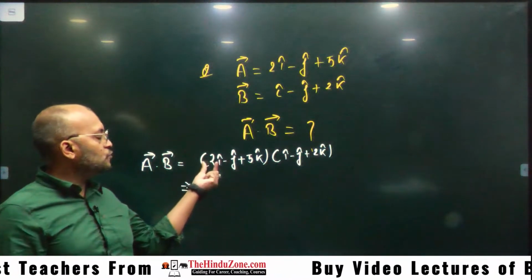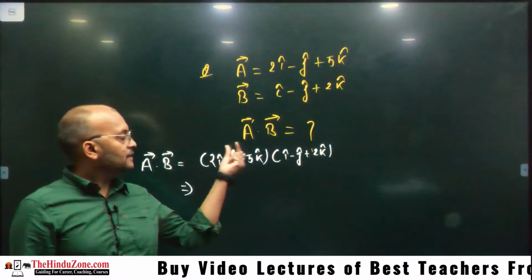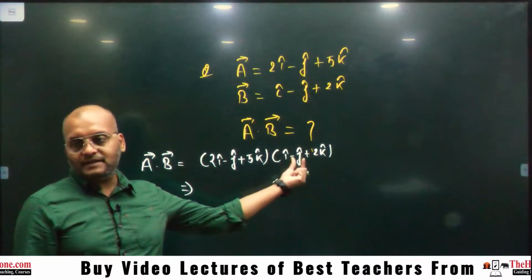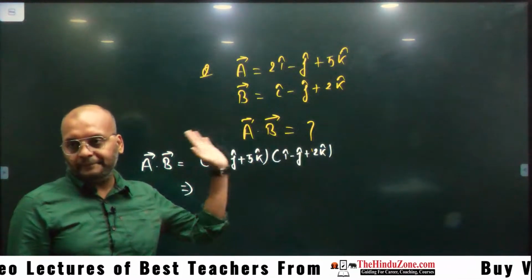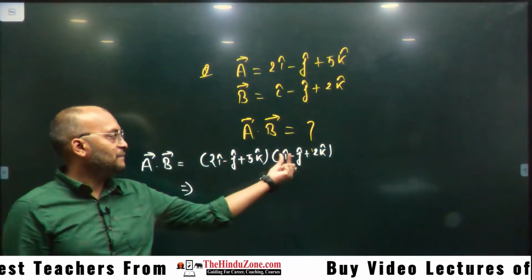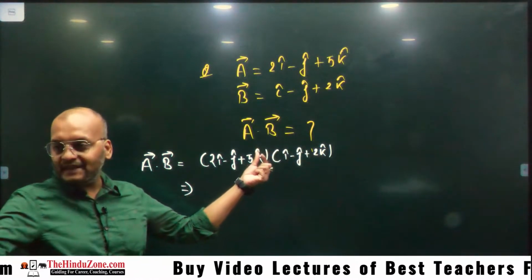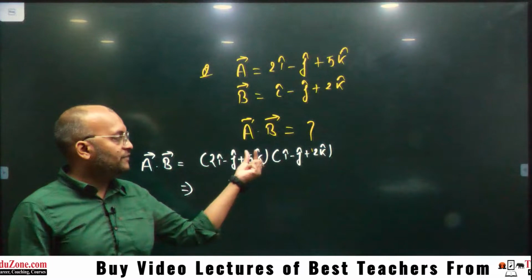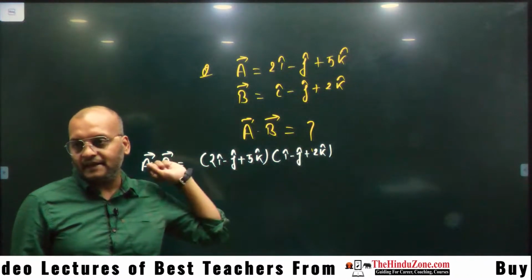That means 2i you have to multiply with the first term, that is i, then with minus j, then with 2k. Then minus j with i cap, minus j with minus j, and minus j with 2k. And then 5k with i cap, 5k with minus j cap, and 5k with 2k.